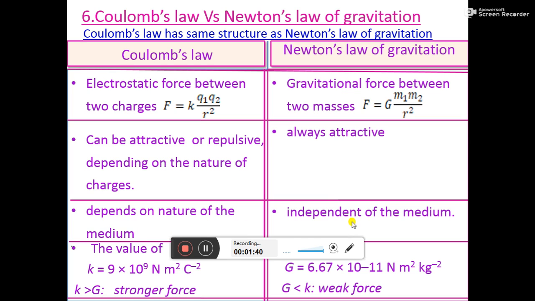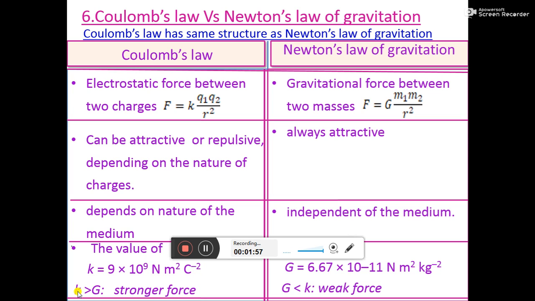Gravitational force is independent of the medium. According to Coulomb's law, the value of K is equal to 9 into 10 to the power of 9 Newton meter squared per Coulomb squared.